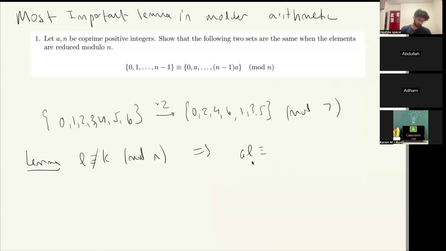Okay, great. So I'll write what you said and also the contrapositive. We'll prove that if L and K are different modulo N, then AL and AK are also different modulo N, right? So this is the lemma.